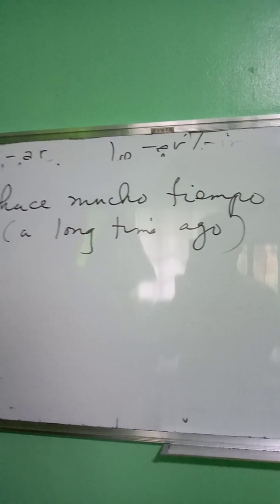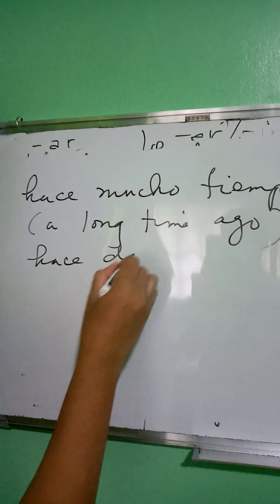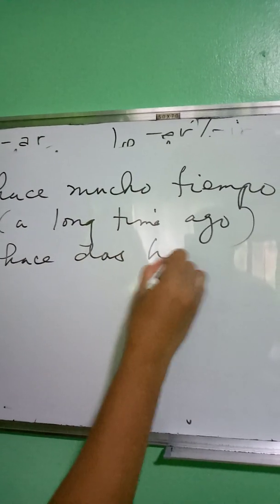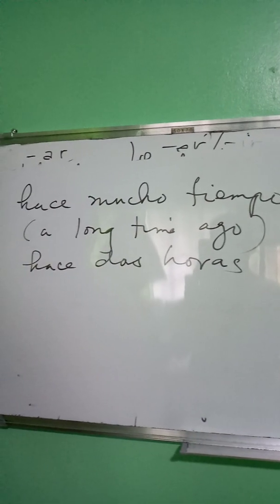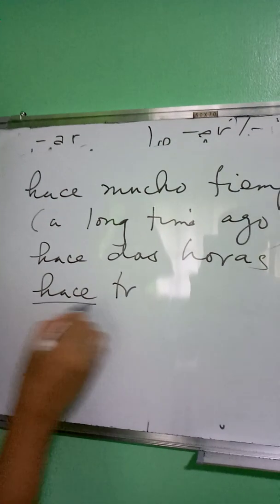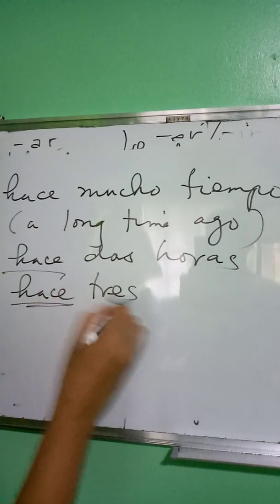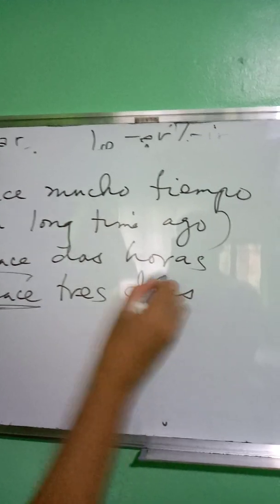How do we say 2 hours ago? Hace 2 horas. How do we say 3 days ago? Hace 3. So do not forget hace, because that is where you will start. Hace 3 días.